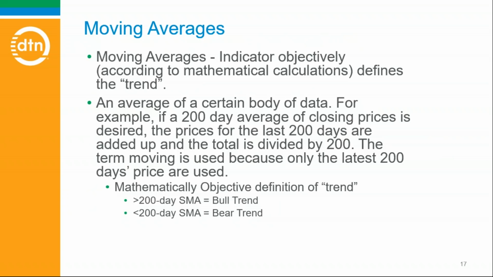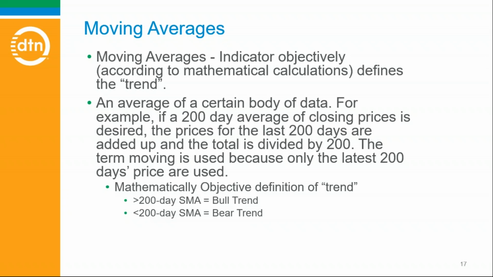Then we're going to overlay moving averages. So it's an indicator that objectively, according to mathematical calculations, enables us to define the trend. So our definition of the trend is going to be above the 200-day moving average, bull market.